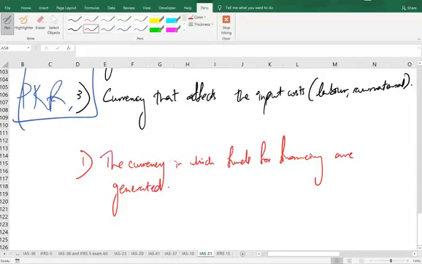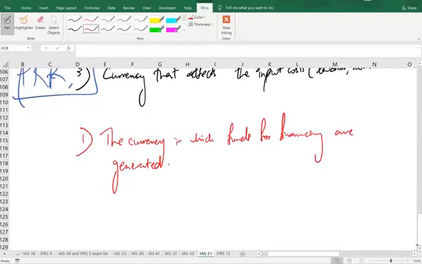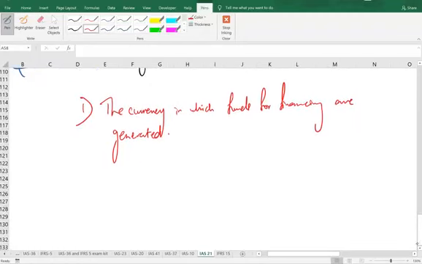That's number 1. All right. So obviously it comes to the financing part. What denomination of funds you're using? Is it PKR, INR, Bangladesh, whatever it is, right?